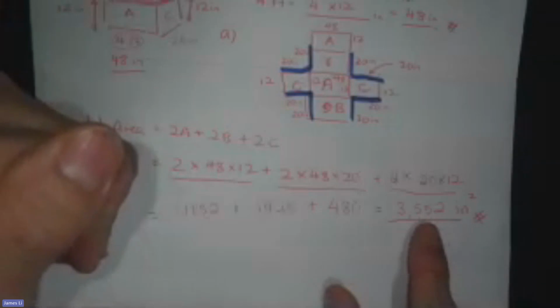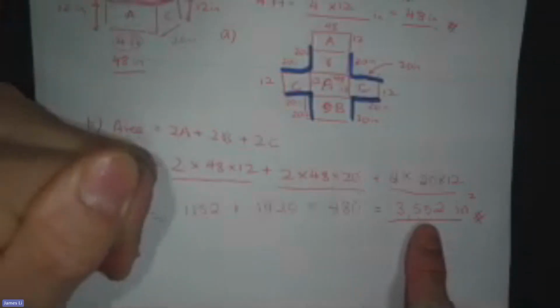The surface area of the box, we have just calculated, is 3552 inches square. Now, essentially, what do they want from you? 1 square foot equals to 144 square inches. What is the surface area of the box in square feet?